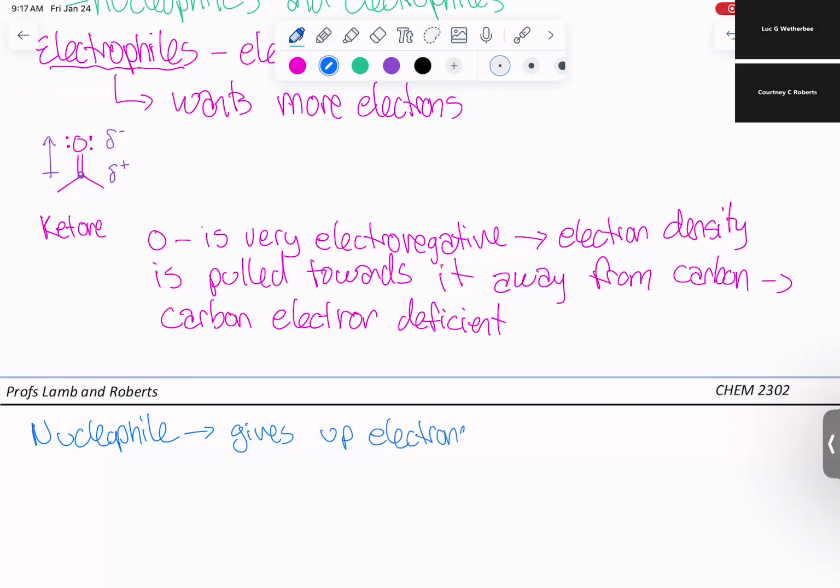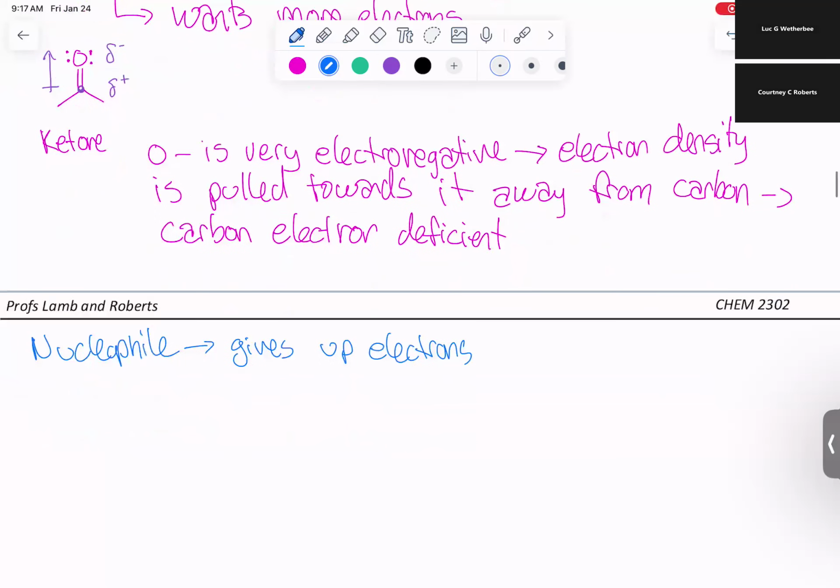We're going to define it sort of loosely as something that can give up electrons. And so you might say to yourself, well, that oxygen there has a couple of lone pairs on it. Why does it have lone pairs?